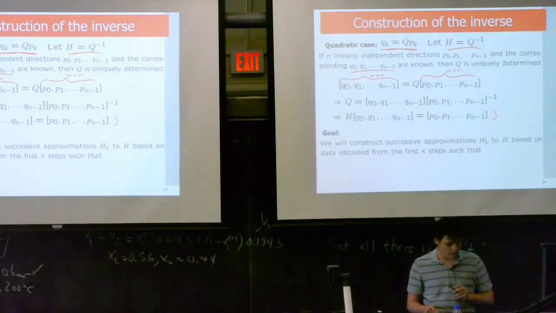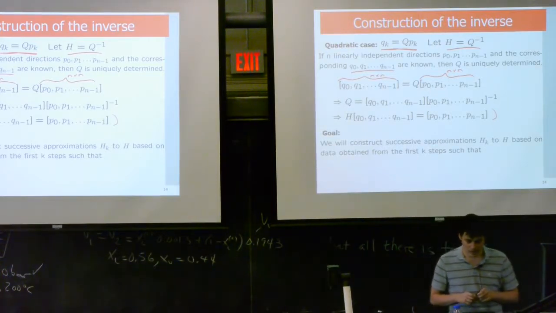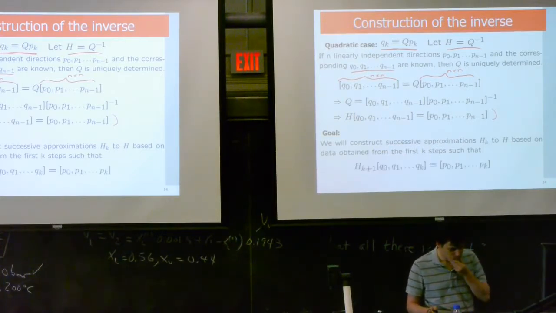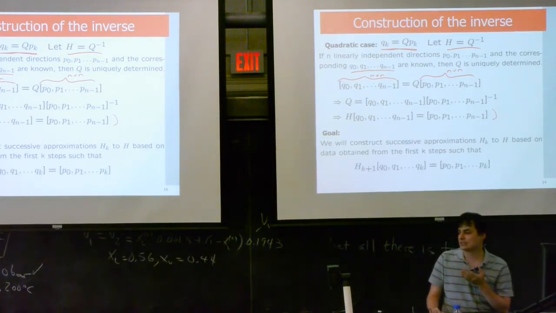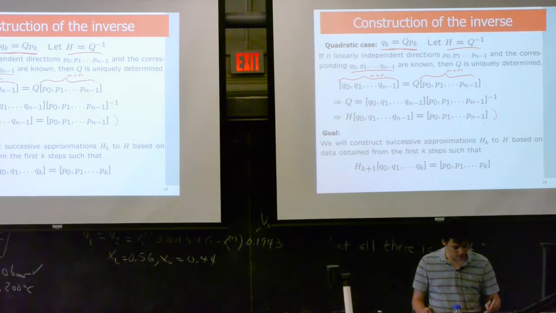Okay, so our goal will be to construct an estimator of the inverse of the Hessian H, and that estimator will be denoted by H_k. And we want this estimator, this is an important property, to be consistent with this property here.